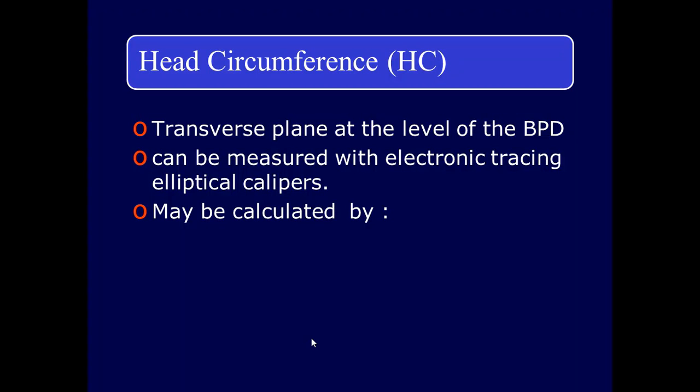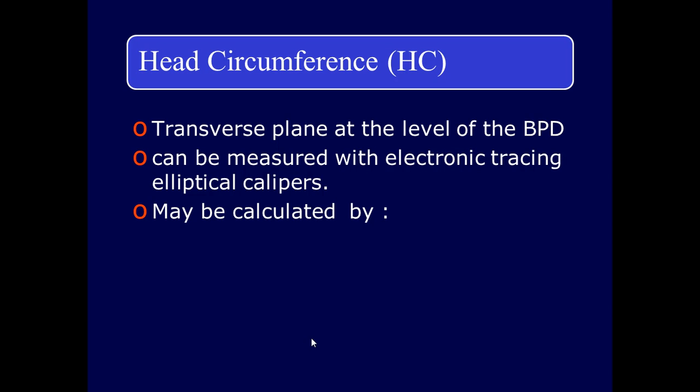The head circumference measurement is taken in the transverse plane at the level of the BPD and can be calculated from the same frozen image. The head circumference can be measured with electronic tracing or elliptical calipers, which allow it to be calculated electronically.